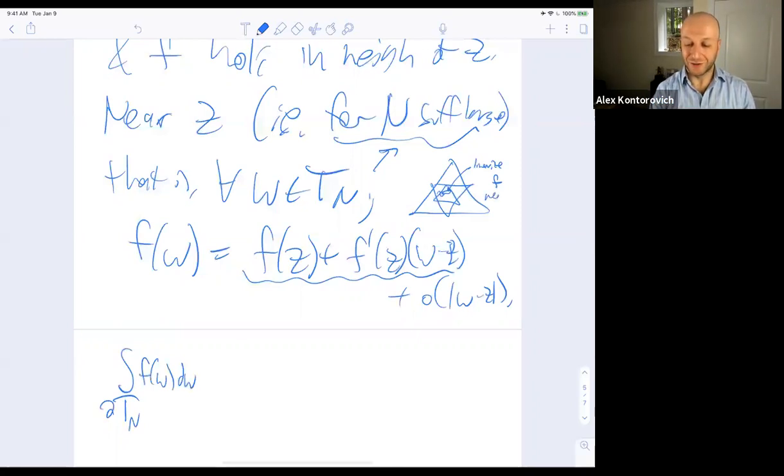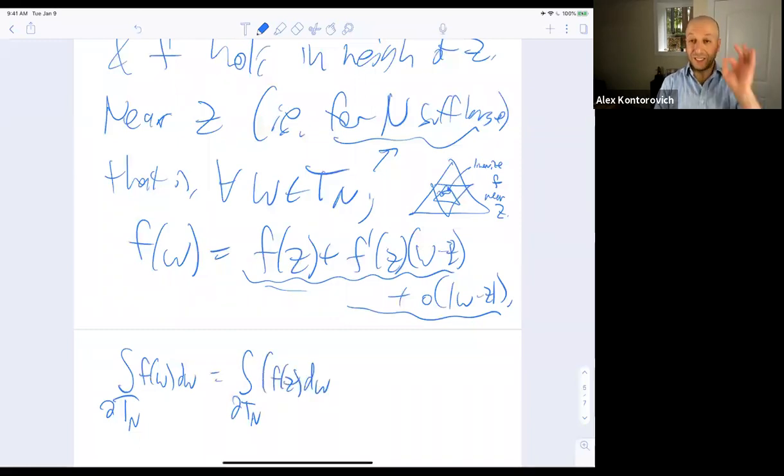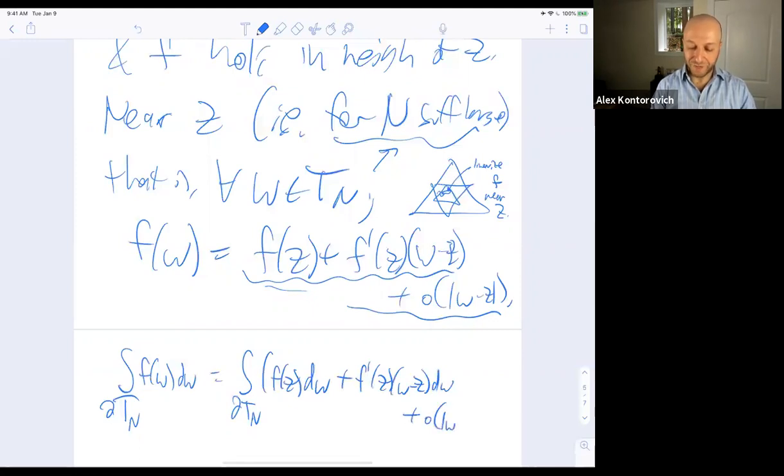So near z, we can express this as, plugging in all of this for f, the integral over the boundary of Tn of f of z dw, z is fixed and w is the dummy variable, plus f prime of z, w minus z dw, plus some function that goes to 0 faster than w minus z goes to 0 dw.